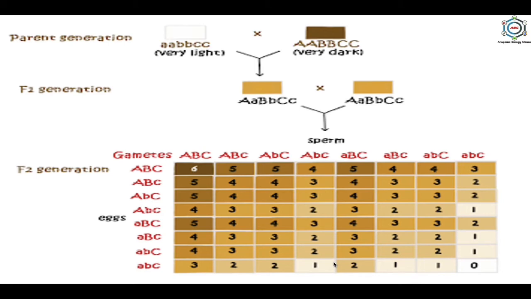The genes for dark color, that is A, B, and C, are incompletely dominant, and the darkness of the skin color is proportionate to the sum of the dominant genes present. So, a pure negro, that is a very dark person, has 6 dominant genes for skin color. A pure white, that is a very light person, has 6 recessive genes for lack of skin color.